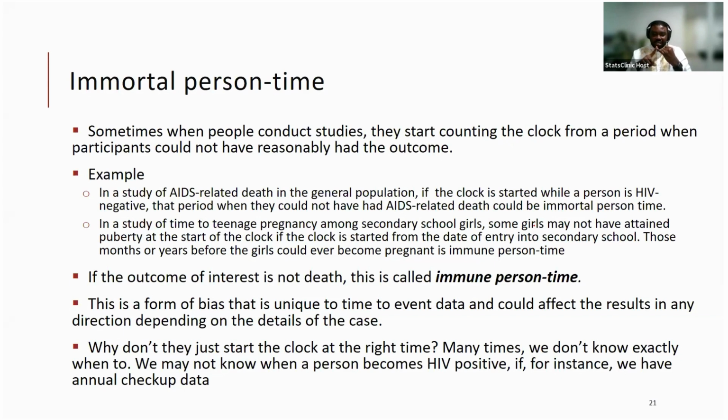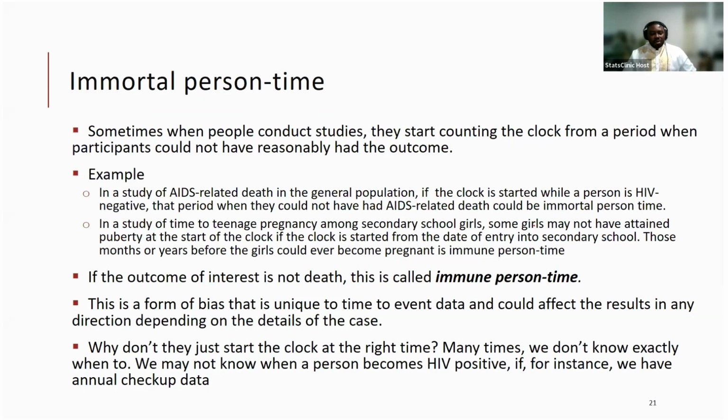You're interested in teenage pregnancy among secondary school girls. Because you're focusing on secondary school girls, you start counting the clock from the date when they enter secondary school. But you have to note that at the time when they enter secondary school, some girls will not have attained puberty. That means that even if they had sex, they were not going to become pregnant. Right?